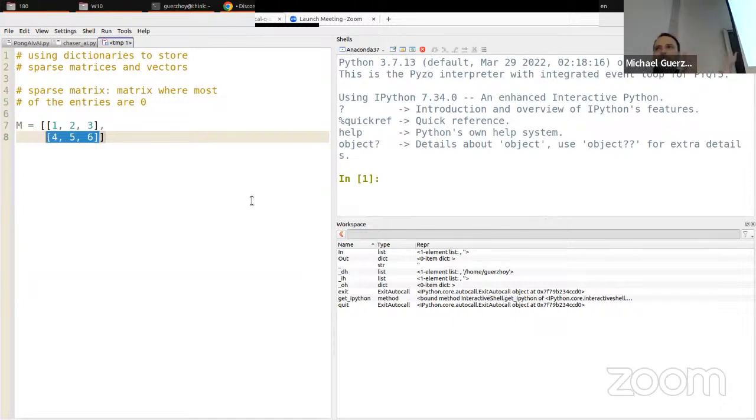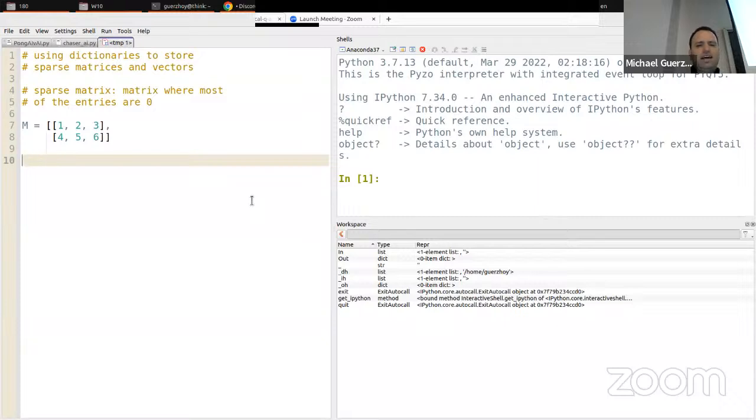That's what makes it a matrix, that all the lists are of the same length. So if you want to access, for example, this 6 over here, you would say m at 1, which would get you this row, and then m at 1 at 2, that would be the 6. So that's something that we saw already.